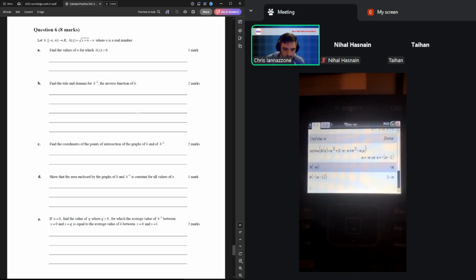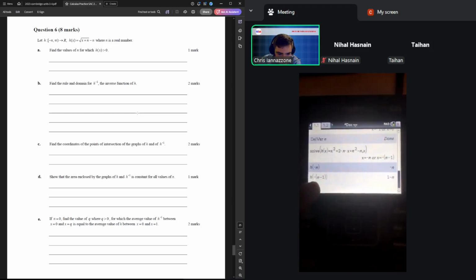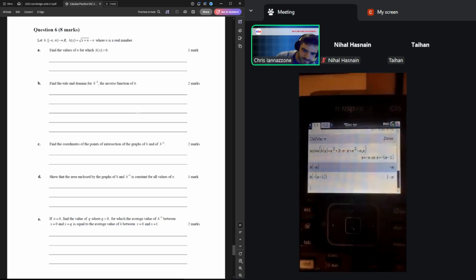So all I was doing there was verifying that those were indeed the same. So h of negative n still gets you negative n. H of 1 minus n is still 1 minus n. So at least in this case, we've definitely seen that those both existed along the line y equals x, because that's when you've got the x and y being identical.